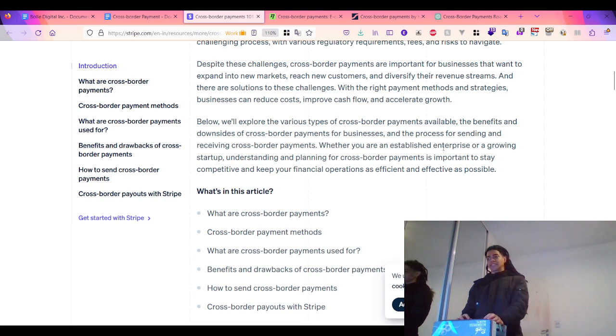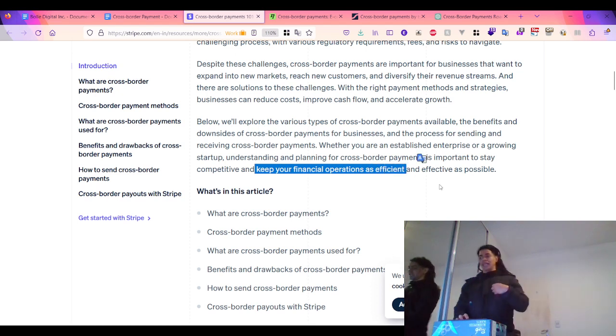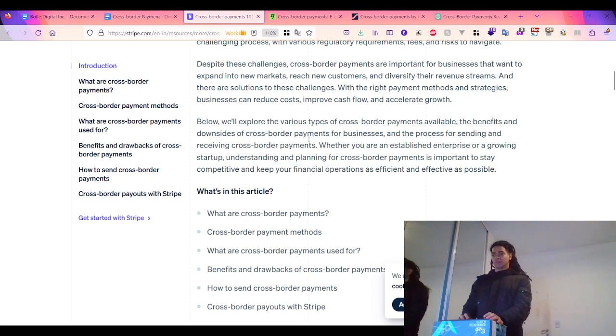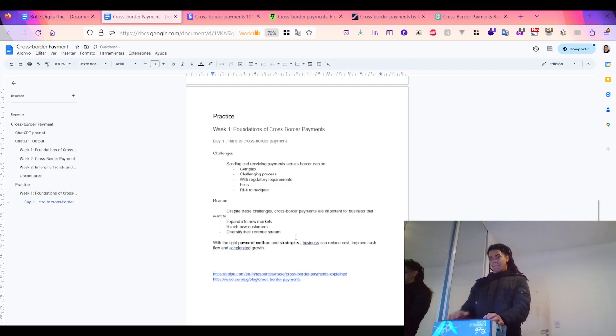Whether you are an established enterprise or a growing startup, understanding and planning for cross-border payments is important to stay competitive and keep your financial operations as efficient and effective as possible. I'm going to write this down.